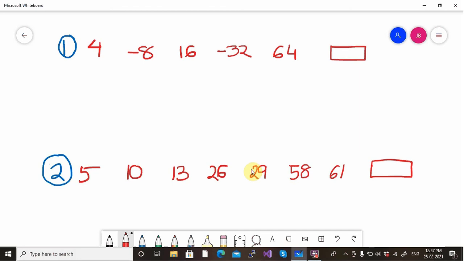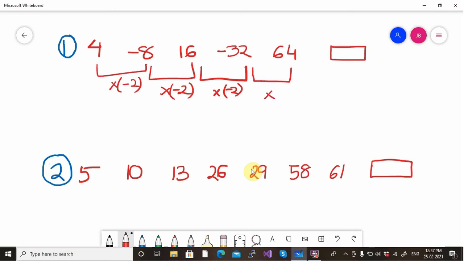So here is the question. How will we solve it? This is in alternating sign order. 4 into minus 2 is minus 8. Then minus 8 into minus 2 is 16. 16 into minus 2 is minus 32. Minus 32 into minus 2 is 64.